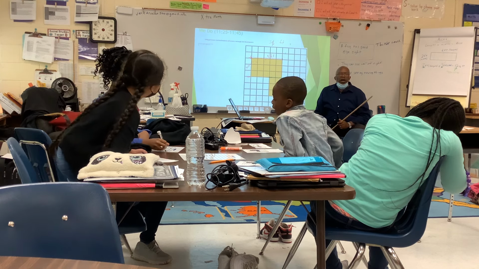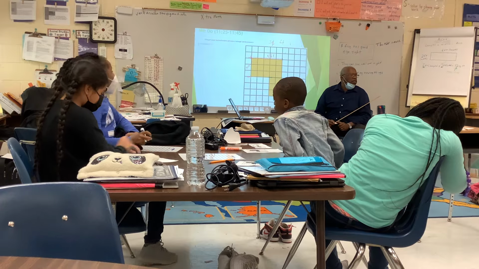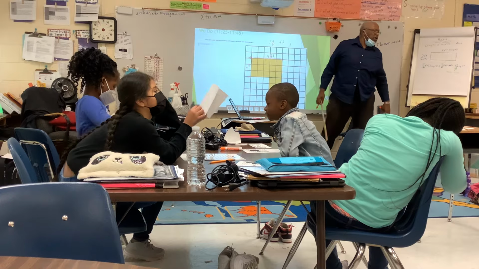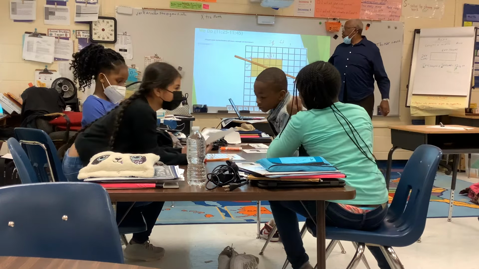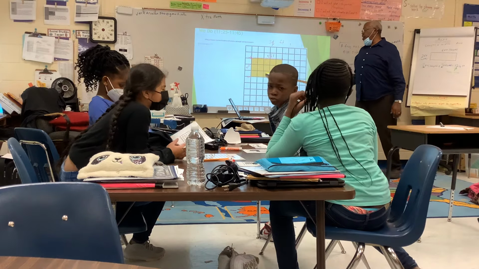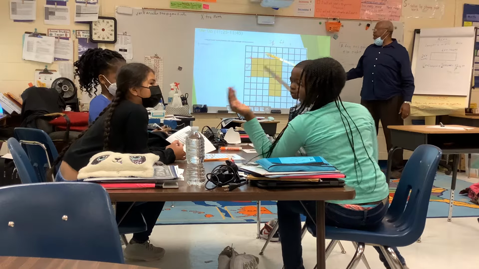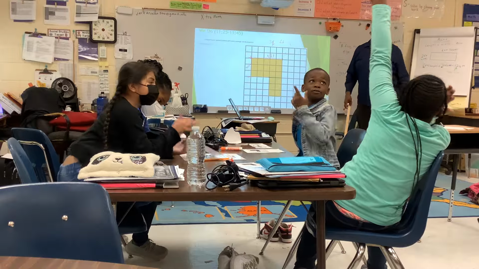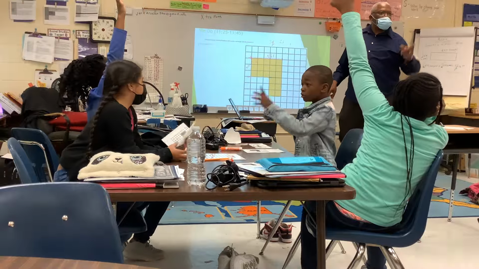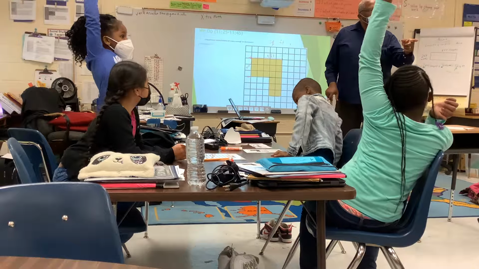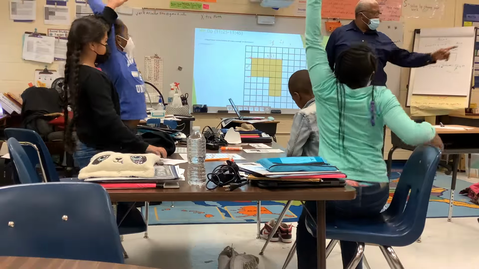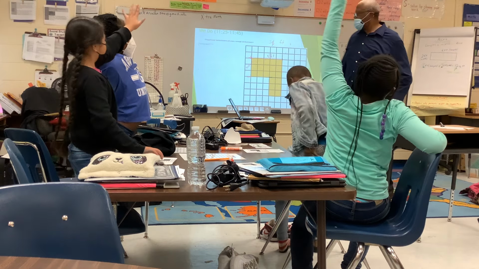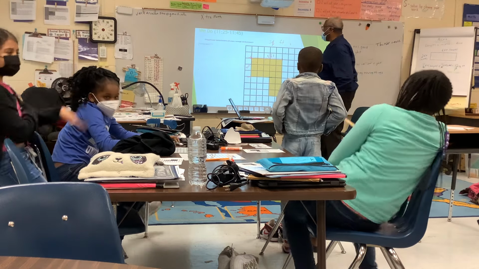Put the area. When you got it, give me a thumbs up. This section here: the width is 3. The length is 5. 5 times 3. What is it? 15.